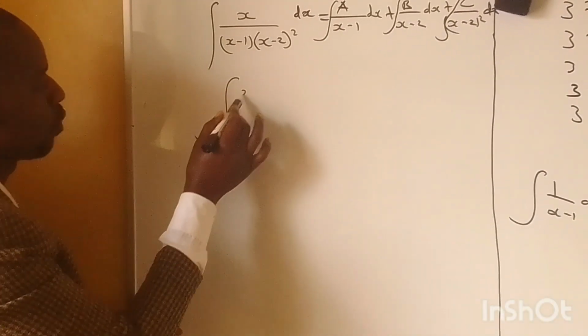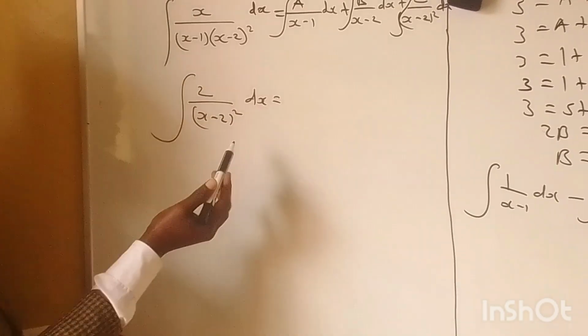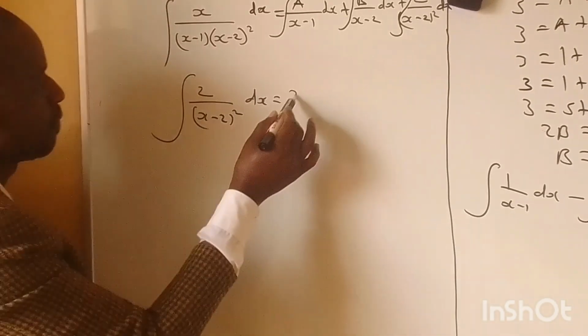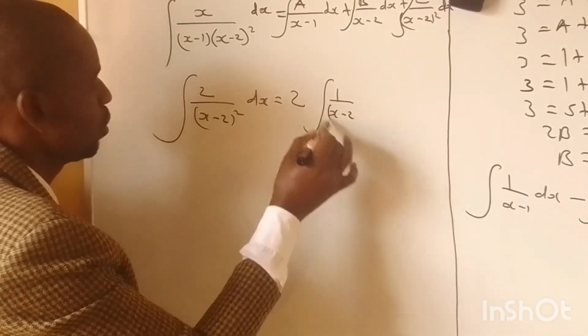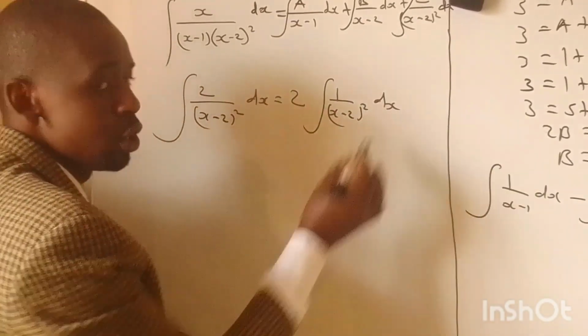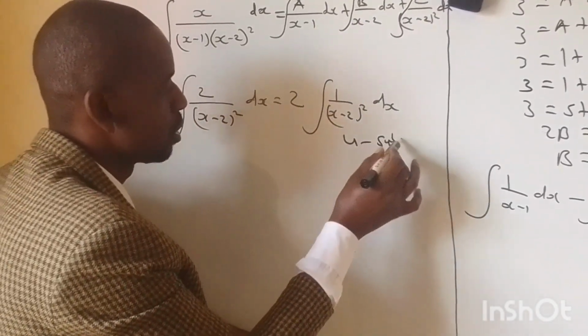So this is the part that we want to look at aside here. Let's see the integral of 2 over x minus 2 squared, dx. The first thing is to take the 2 to the other side. So we have 2 times the integral of 1 over x minus 2 squared, dx. Here I want to use substitution.